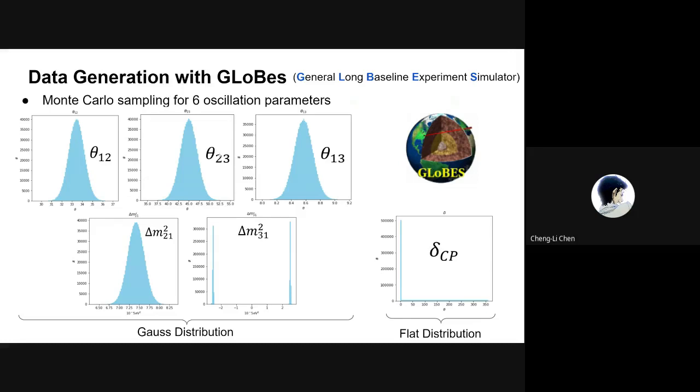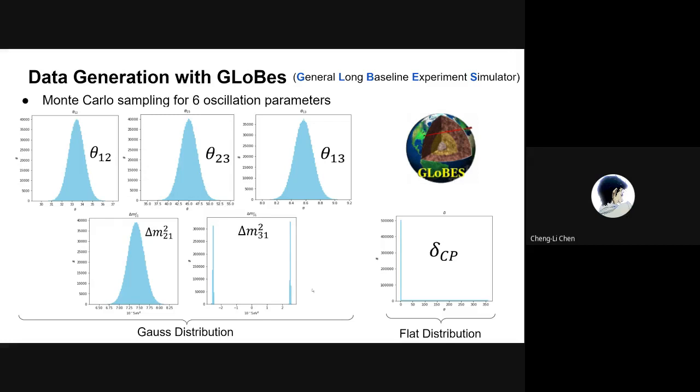With these 6 oscillation parameters, we can use GLoBES to generate the data we want. GLoBES is a software package for the simulation of long baseline neutrino oscillation experiments. First, we use Monte Carlo sampling to generate a bunch of input parameter data sets. For the left-hand side, we use Gauss distribution, while for the right side, we use the flat distribution.